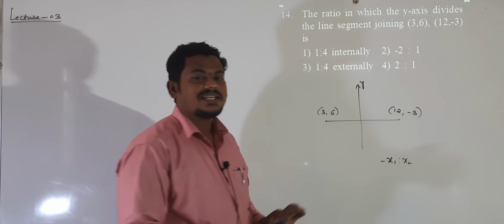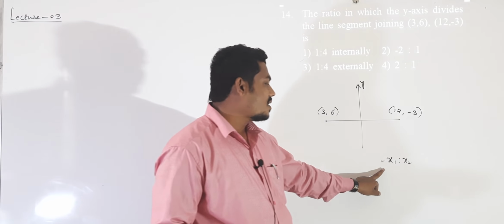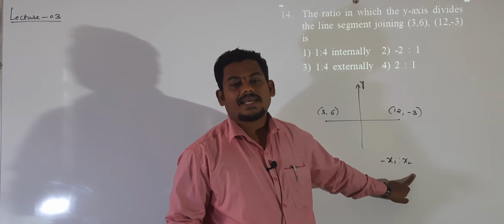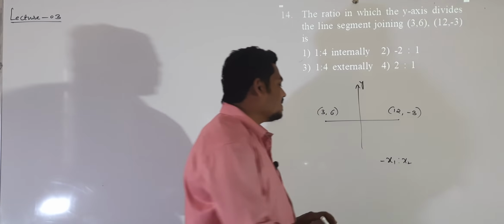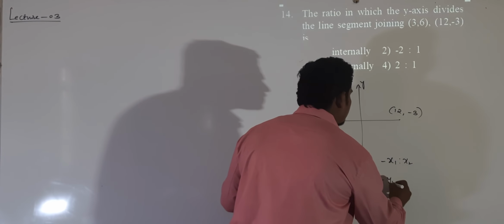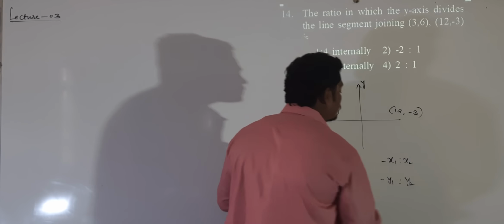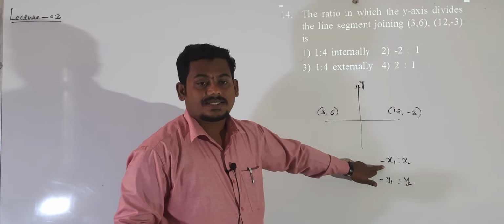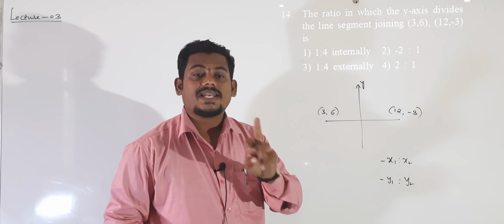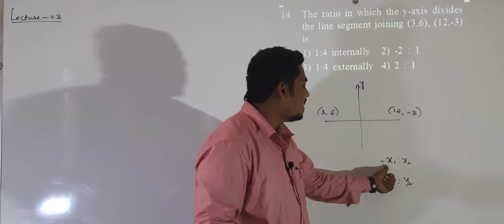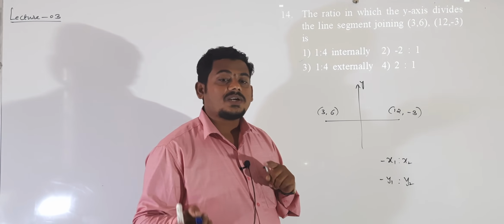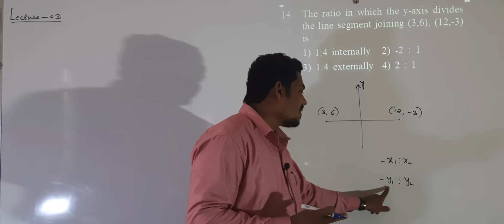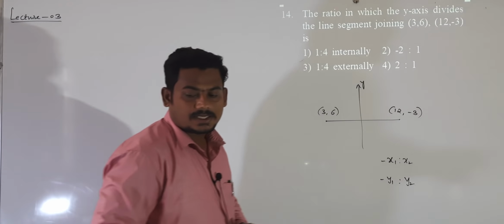Y-axis divides line joining given 2 points in the ratio of minus x1 is to x2, and x-axis divides line joining given 2 points in the ratio of minus y1 is to y2. This is for y-axis. X-axis divides line joining given 2 points in the ratio of minus y1 is to y2, right?